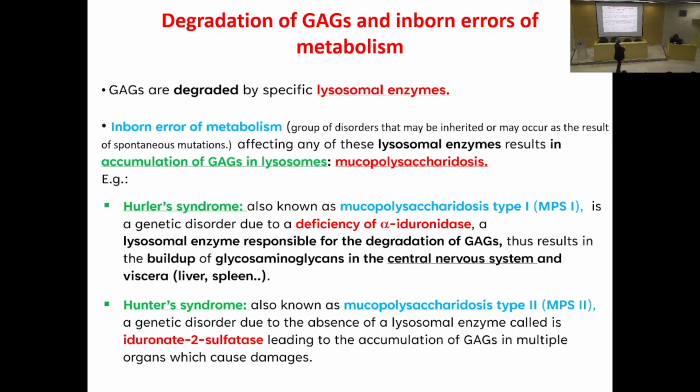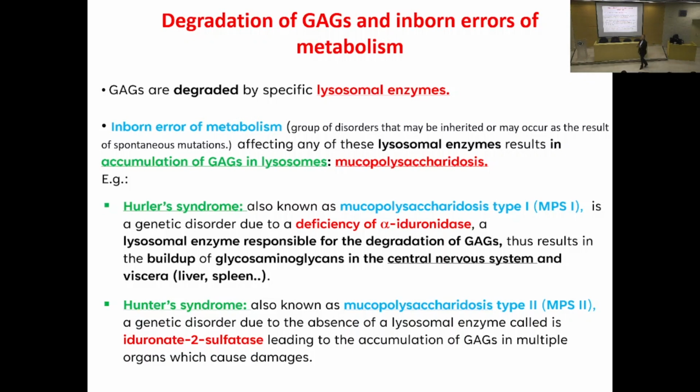All right. These diseases we call them mucopolysaccharidosis. Okay. These diseases, mucopolysaccharidosis, they are due to a deficiency in lysosomal enzymes. The enzymes in the lysosome, they are non-functional or absent. Okay? And this, it will lead to what?